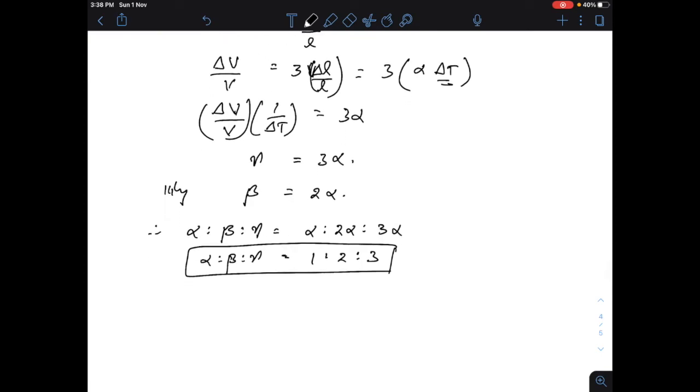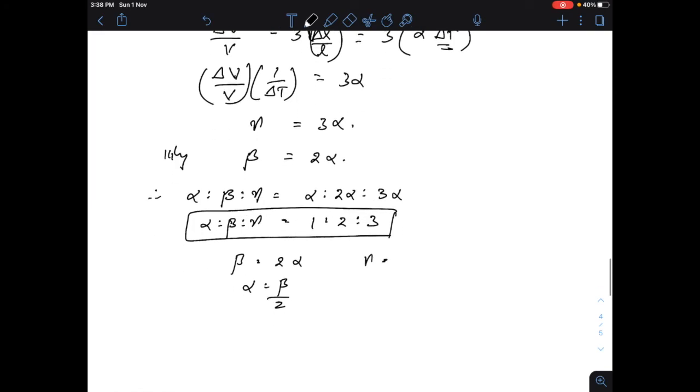And now we know that beta is equal to 2 alpha, therefore alpha is equal to beta by 2, and gamma is equal to 3 alpha, so 3 times beta by 2. Therefore gamma is equal to 3 beta by 2.